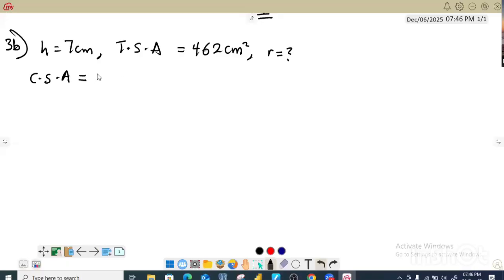The length of the cylinder will be 2 pi r, while the breadth will be h. So this is the curved surface area of a cylinder when both ends are open.